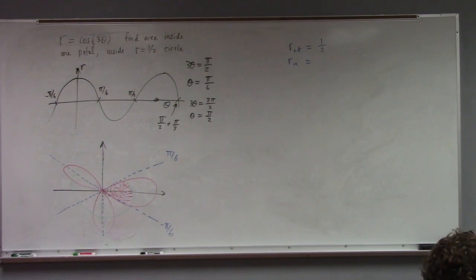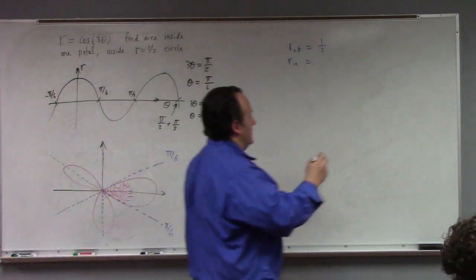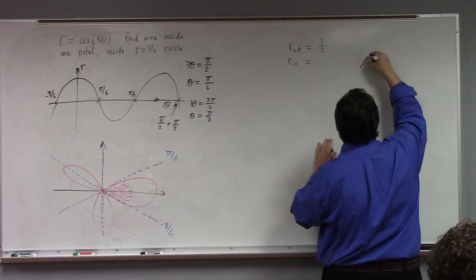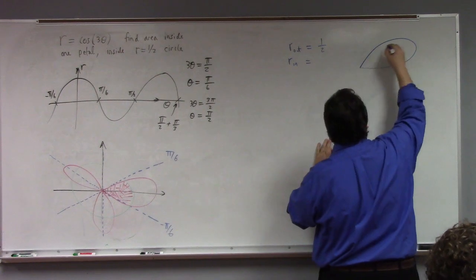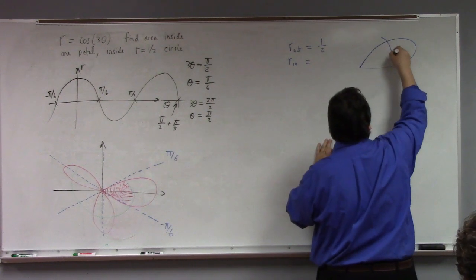Right. I think my picture is not pretty enough to quite see it. If I blew it up more, you could see that the petal is more like this. And so here's the 1/2 circle.